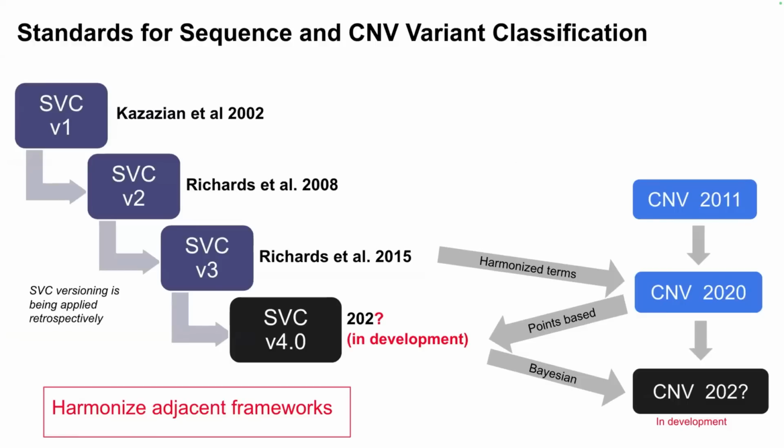And you need to harmonize adjacent frameworks. That's another thing that I wanted to show in this iteration of the guidelines. It's important to have standards for sequence variants, but they should also be harmonized with standards for copy number variants, because they were kind of iterating on themselves independently and in parallel.